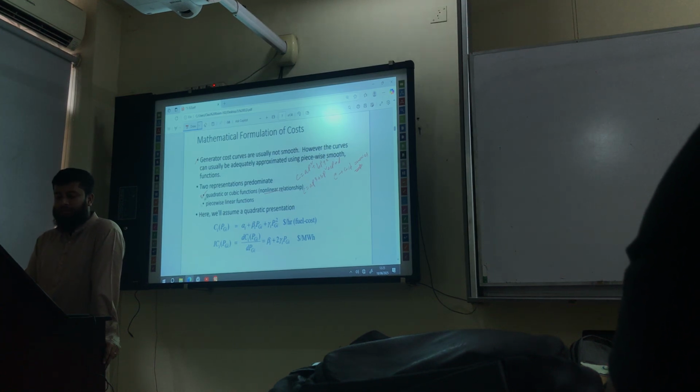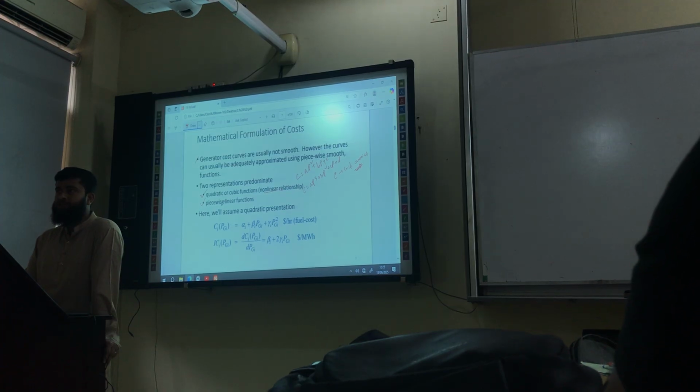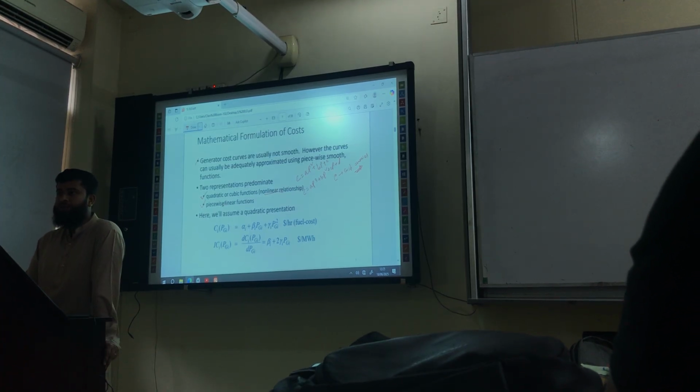In other literatures, some researchers formulated the cost curve using piecewise linear functions. Are you familiar with this term, piecewise linear function? What is the piecewise term? Depending on the portion, it is not entire. Exactly. Let's say this is a non-linear curve.